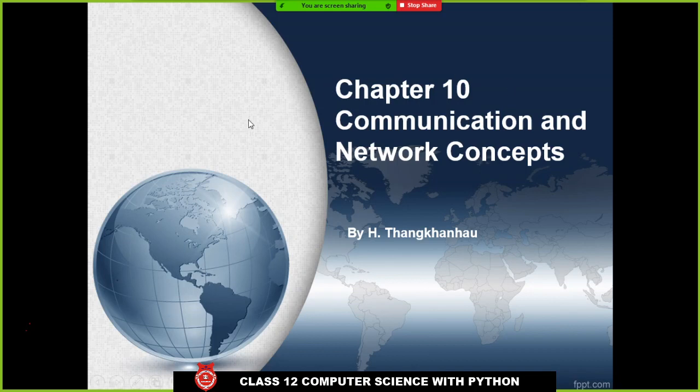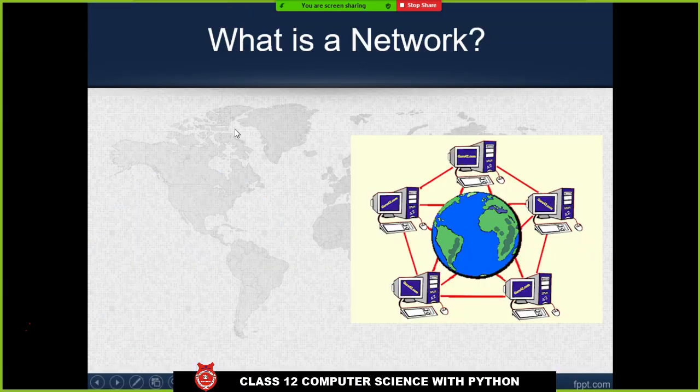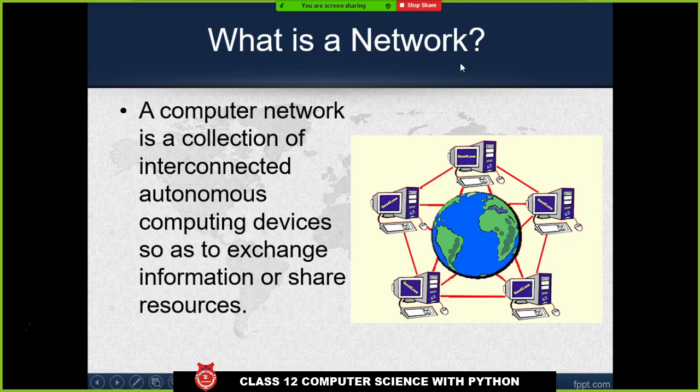Okay, so first of all, let us talk about what is network. A network or a computer network is a collection of interconnected autonomous computers or computing devices so as to exchange information or share resources. This is the definition given by most of the textbooks.